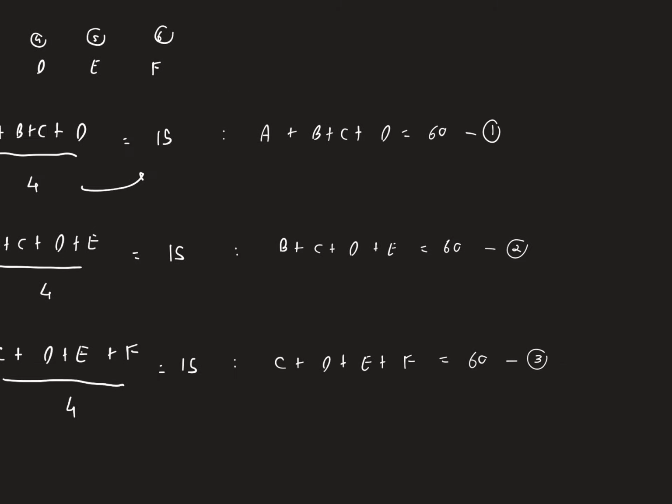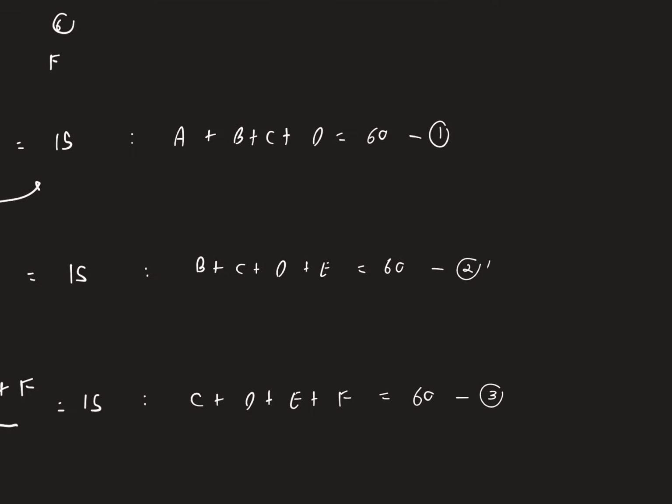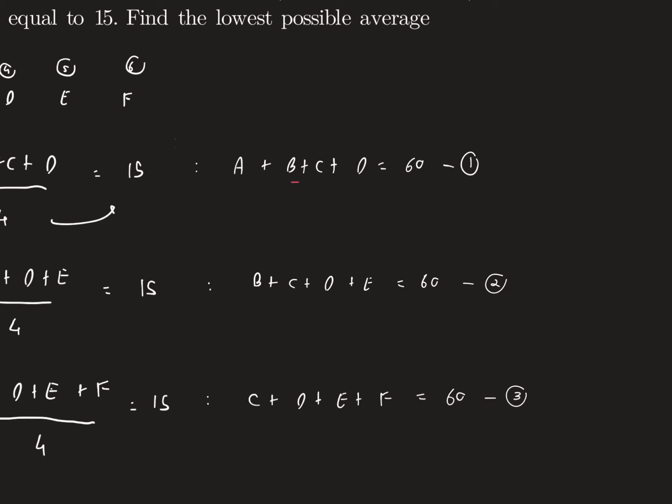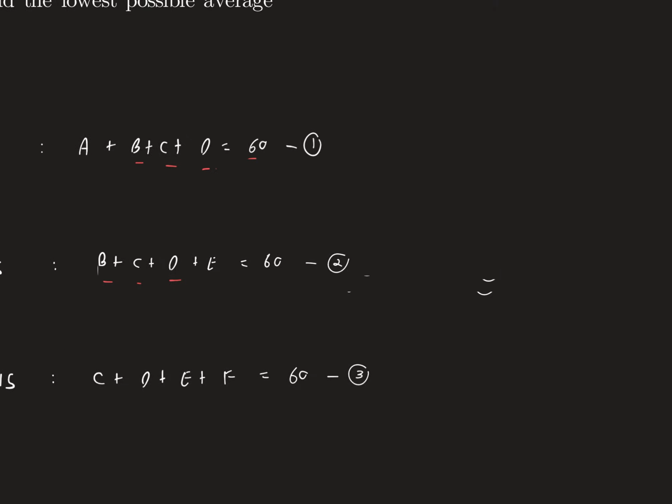So the next step is, since we can find some similarities between these 3 groups, there are B, C, D in the first equation and also in the second equation. So what we're going to do between those 2 equations is subtract the second equation from the first one.